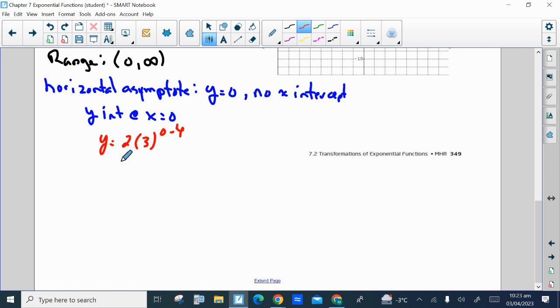So that'll be 2 times 3 to the negative 4. So the 3 would move to the bottom to make the exponent positive, and 3 to the 4th is 81. So there's where our y-intercept is. It is the point (0, 2/81).